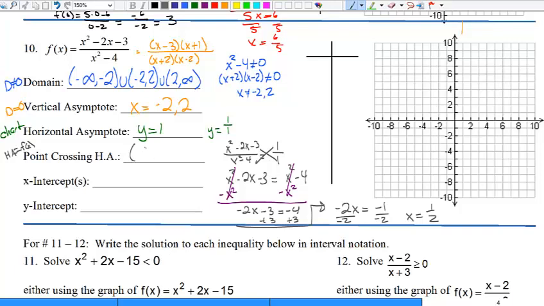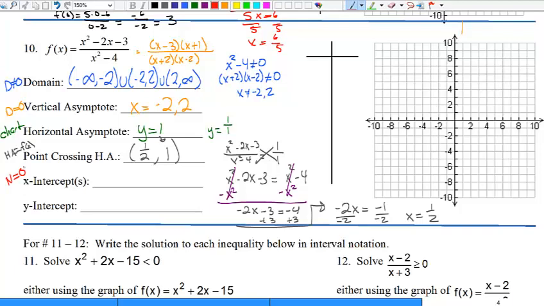So x equals 1/2 means the x coordinate is 1/2. The y coordinate is 1, and that comes from the horizontal asymptote. Clearly, if it's crossing the horizontal asymptote, it has to be on the horizontal asymptote, so the y value has to be 1.